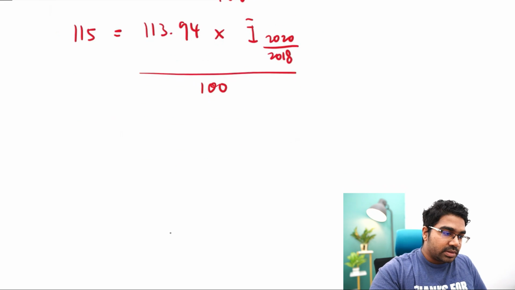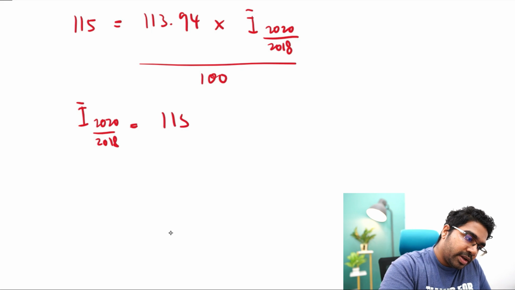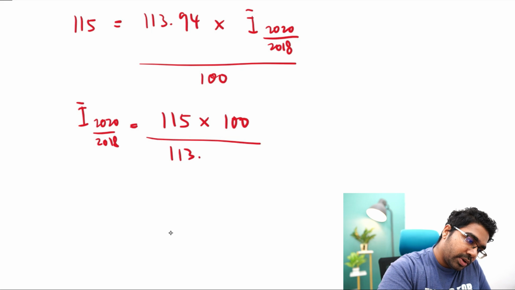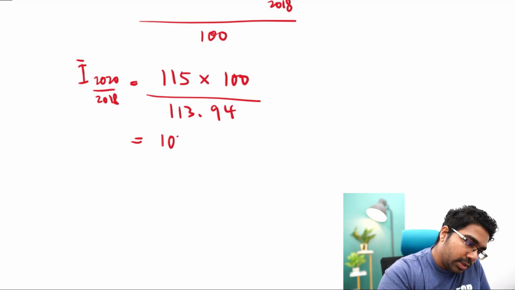So now we just rearrange, make it the subject. Composite index of 2020 based on 2018 will be equal to 115 multiplied by 100 over 113.94. And so the answer here is 100.93.